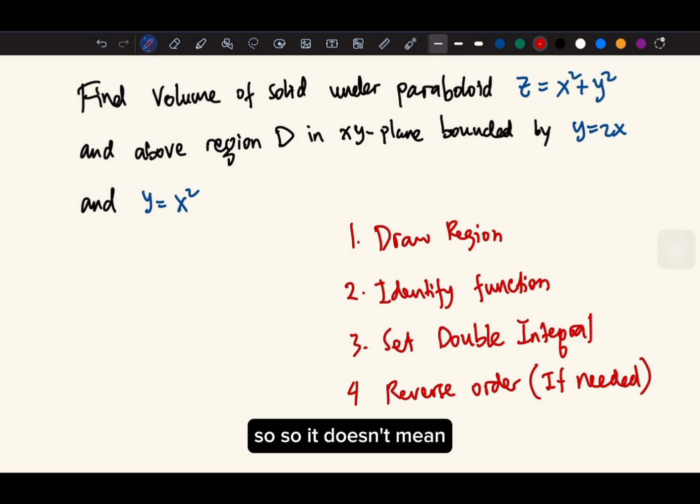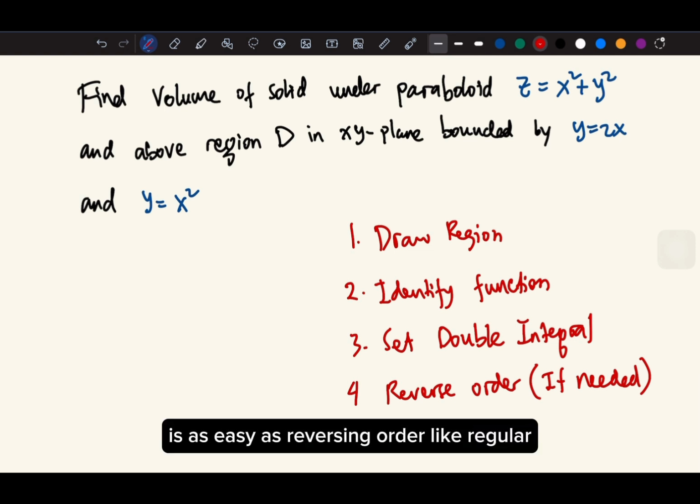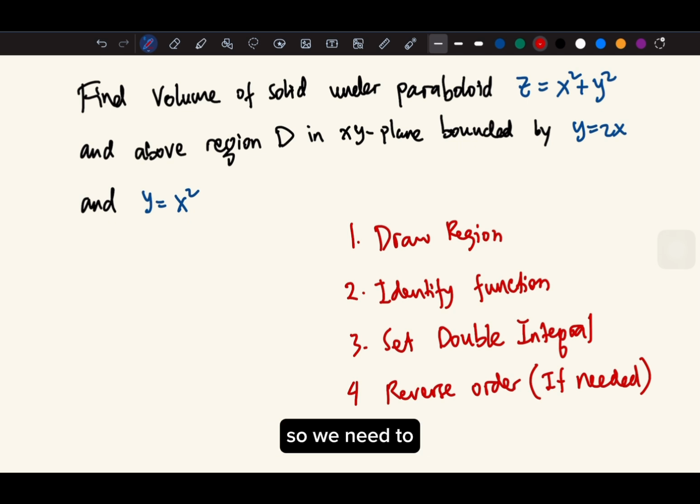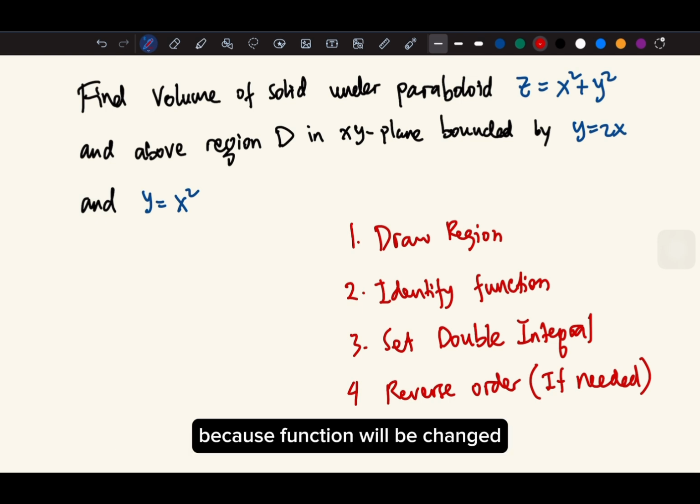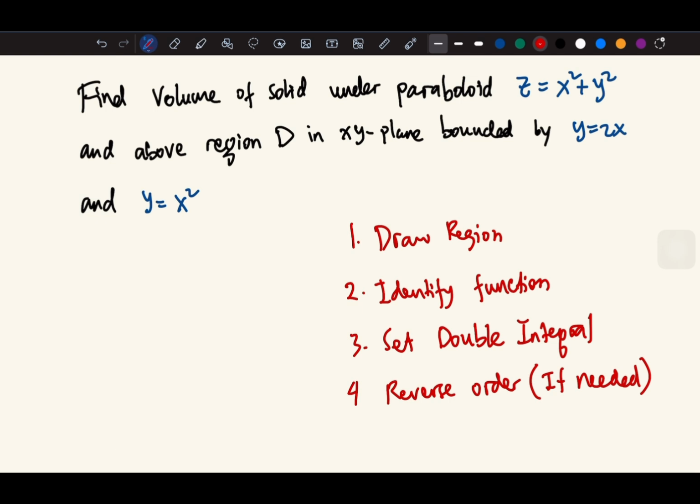So it's not as easy as reversing the order regularly. We need to imagine and visualize how the function will be, because the function will change. Later we are going to discuss that.